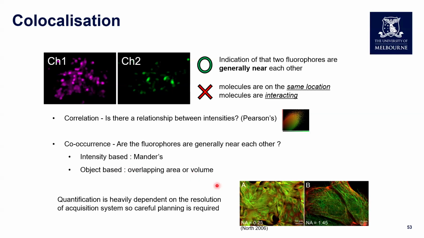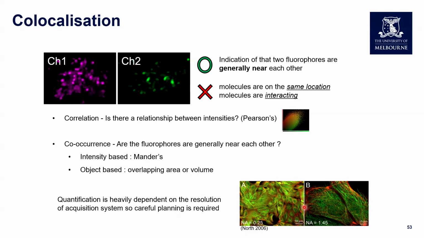One important thing to note is that this type of quantification is heavily dependent on the resolution of the acquisition system. As you can see in this example, the low resolution image was taken with an NA of 0.25.